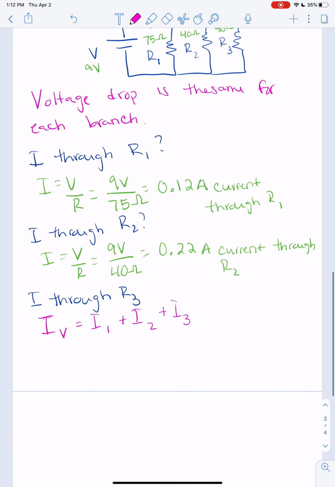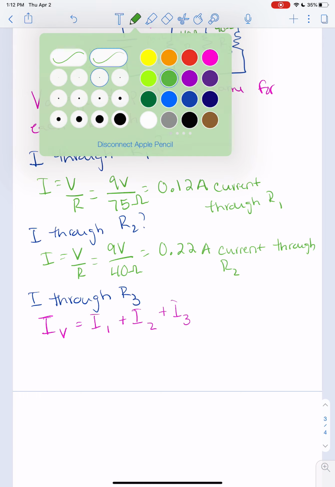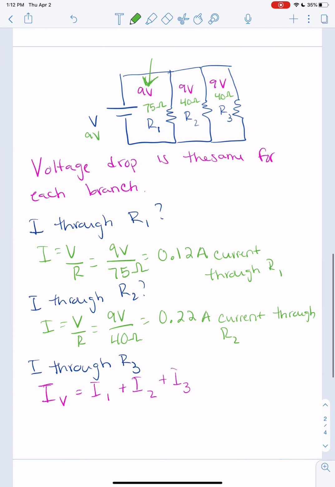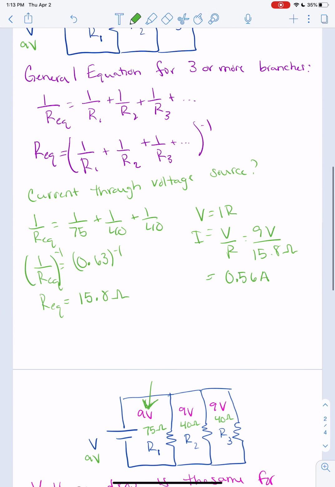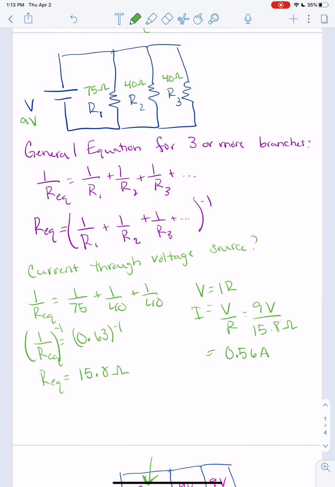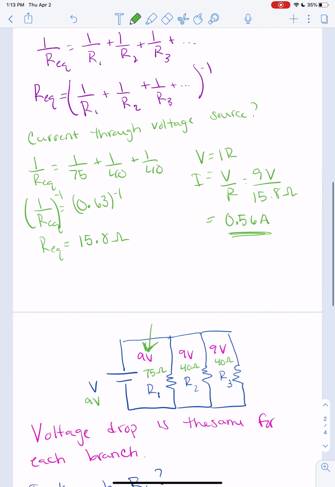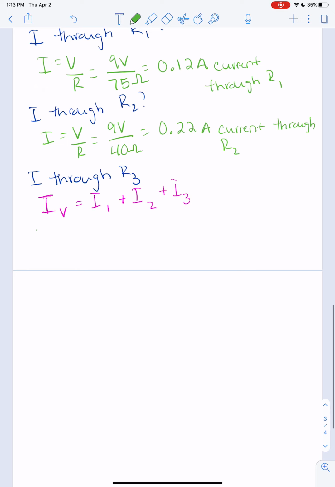So in this case, we know all of these parts, so we can also solve this problem this way. We already figured out that the current through our voltage source is 0.56 amps. So I can say 0.56 amps equals current through the first one, which is 0.12 amps, plus current through R2, which is 0.22 amps, plus current through R3, which we don't know.